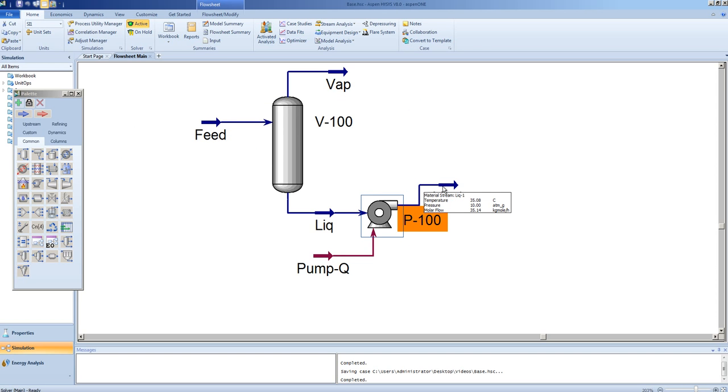Here we can see that the outlet is 10 atmospheres gauge, right? And the power the pump requires to do this is basically just 254 watts, very small pump in this case, right?